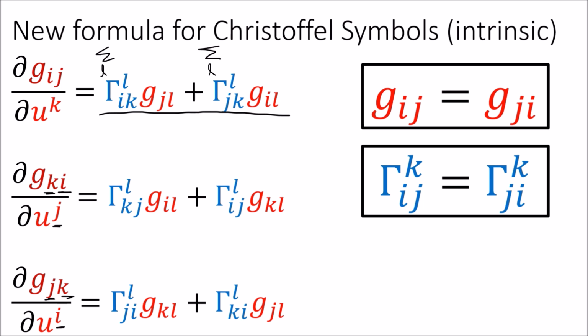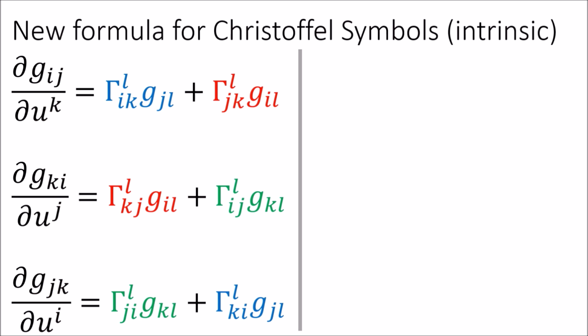Now I'm going to color code the terms we have in these three formulas. You'll notice that the blue terms here are actually the same, right? Since we're free to swap the lower indexes of the Christoffel symbols, these two terms highlighted in blue are actually equal. And these red terms are also the same, again, since we can swap the lower indexes of the Christoffel symbols, and again, these green terms are also the same.